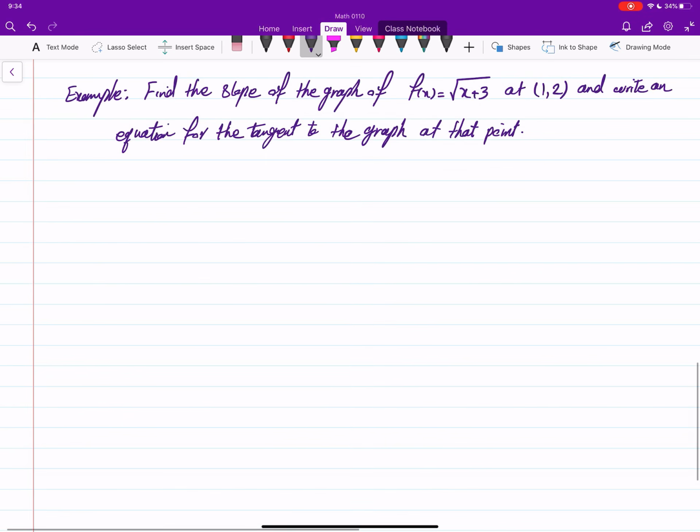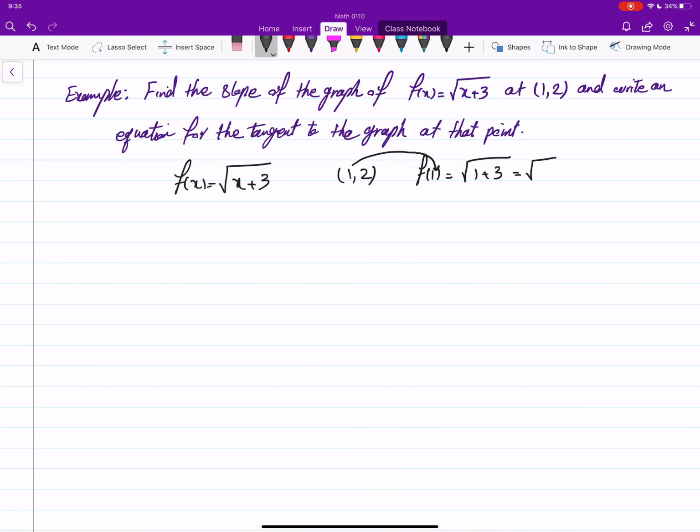Okay, so let us see what we have here. The function is f of x equals root x plus 3, and (1, 2) is a point on the graph. Why? Because if you plug in the first component into the function as an input, you will get root of 1 plus 3.